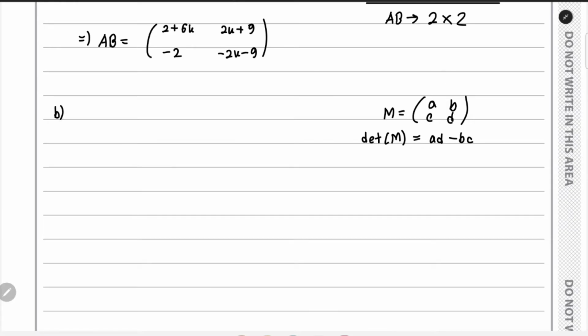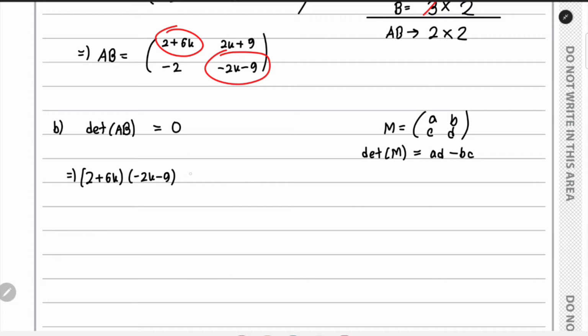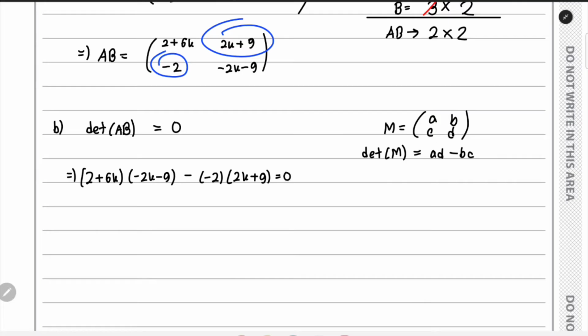So for part B, I have determinant of AB set to 0. The determinant of matrix AB will be these two values multiplied: 2 plus 6k multiplied by minus 2k minus 9, minus the product of these two values. I'll have minus 2 times 2k plus 9, which is 0.